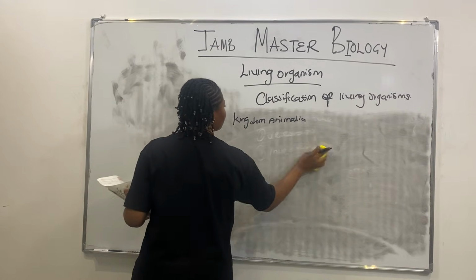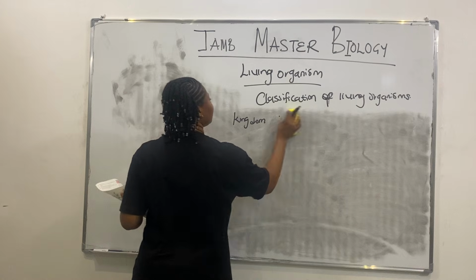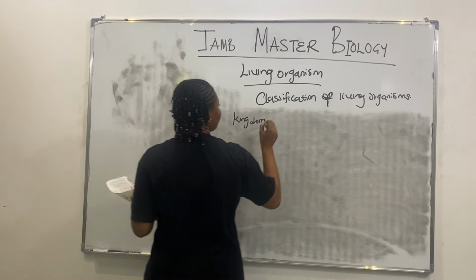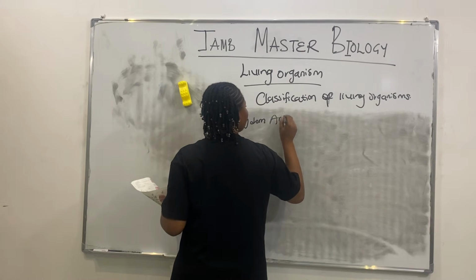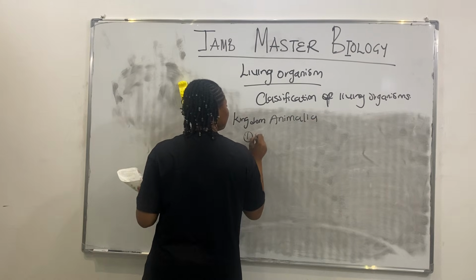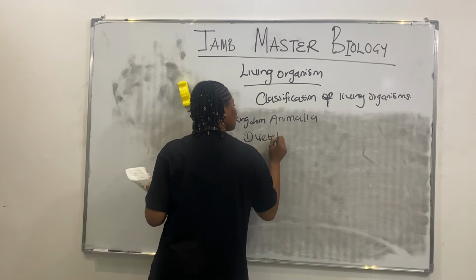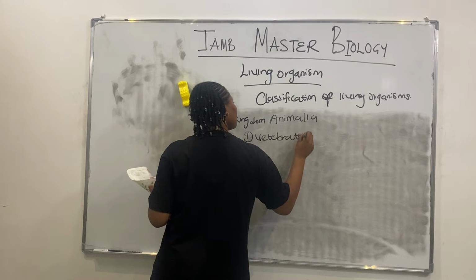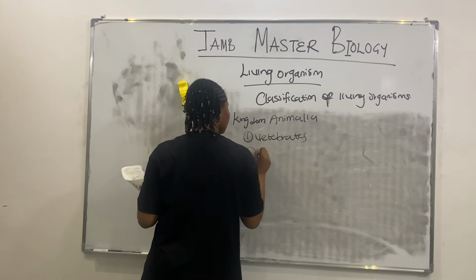Let me write it again. Kingdom Animalia. We have what? Vertebrates and invertebrates.